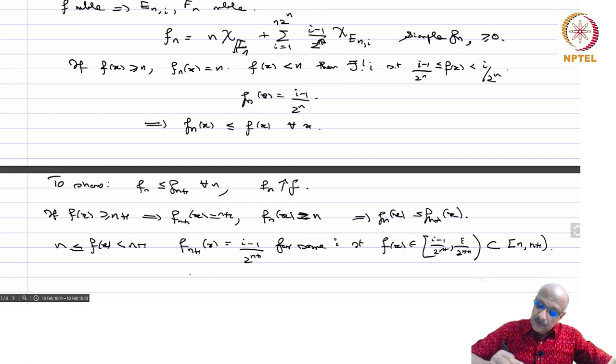And further, f_n(x) will still be n, and therefore this implies that f_n(x) is less than or equal to f_{n+1}(x).